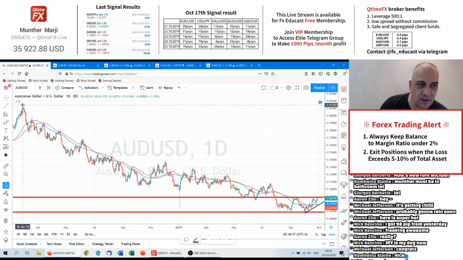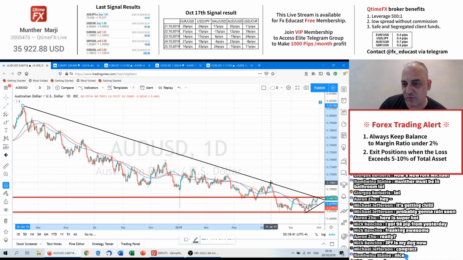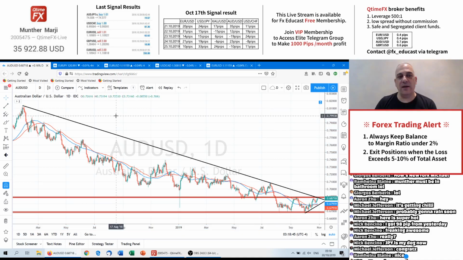In my own opinion, although this trend line is only touched twice, its slope is very good. It represents the downtrend in a good way. Of course, I would really love it more if it was touched more than twice, and this is some kind of weakness for a trend line.